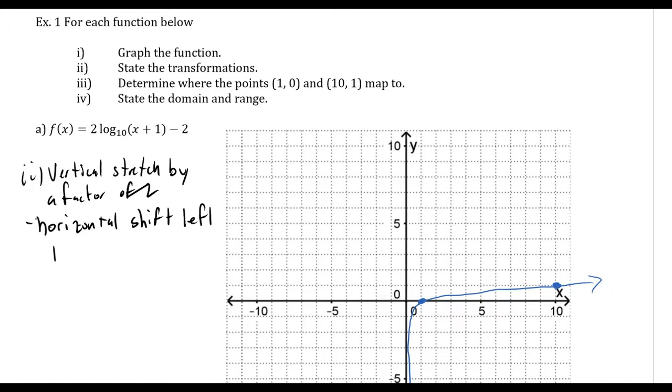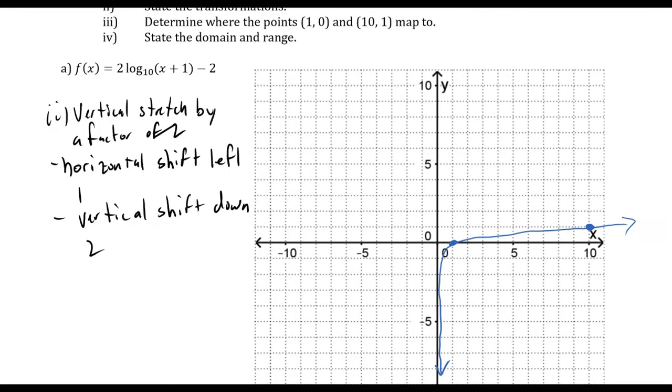And we have a vertical shift down 2. Okay, so remember what we said. This point is not impacted by a vertical stretch, horizontal stretch, but we're not really looking at those. So I can take that point and just apply the shifts. And that means it's going to go left 1, down 2.